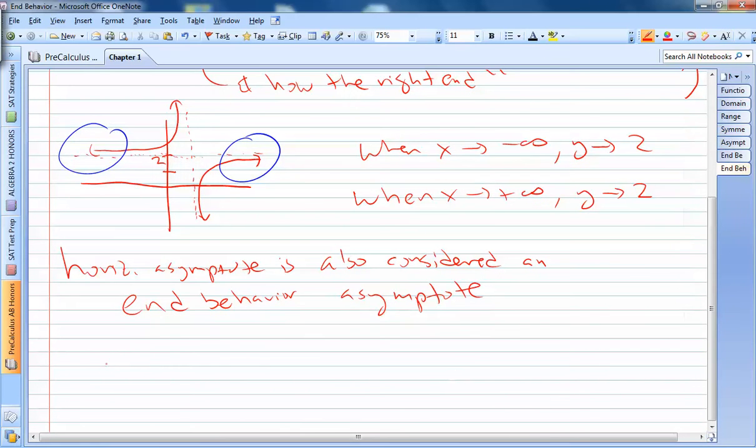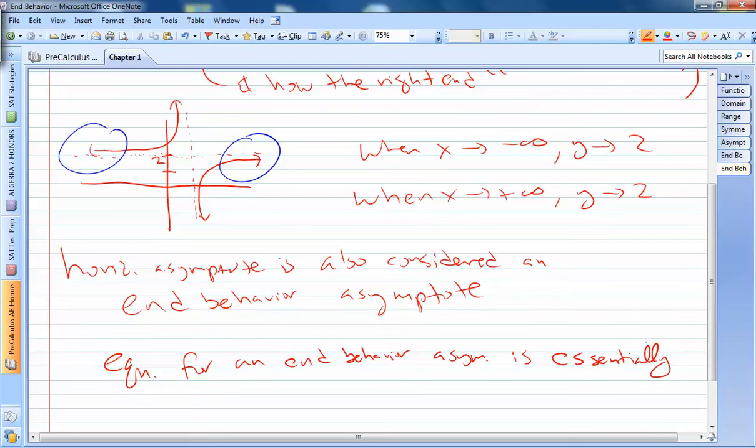The equation for an end behavior asymptote is essentially the same as the equation of the graph. And by essentially, I want to put down quotation marks.